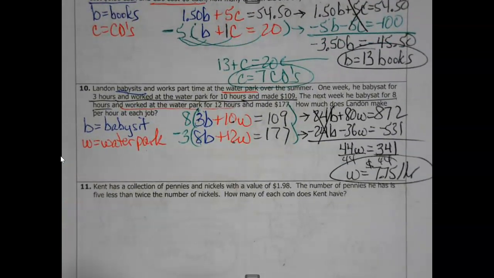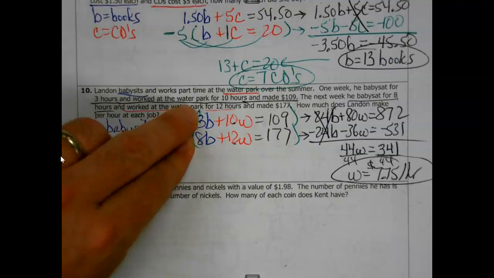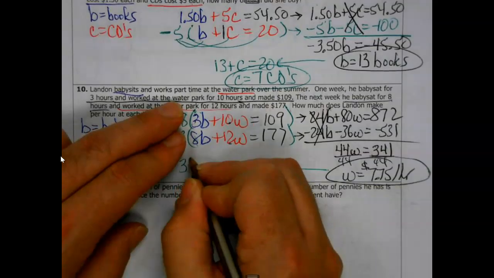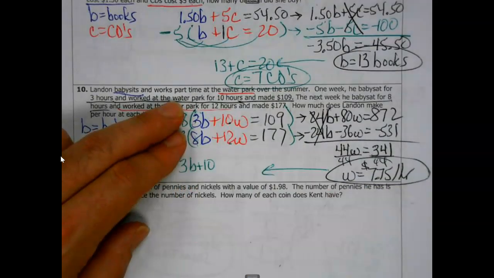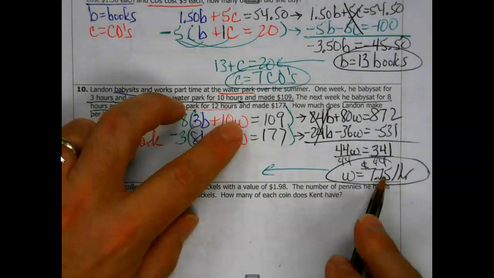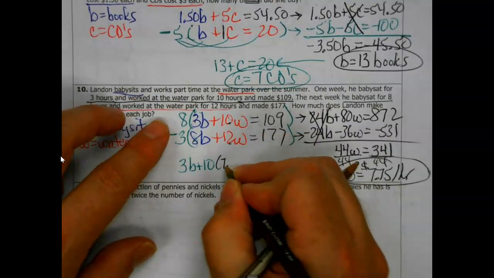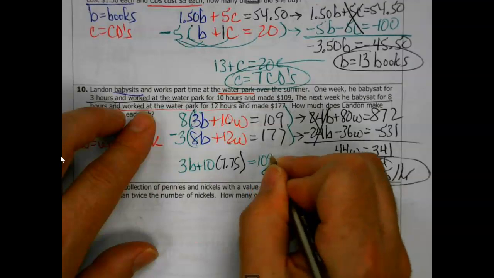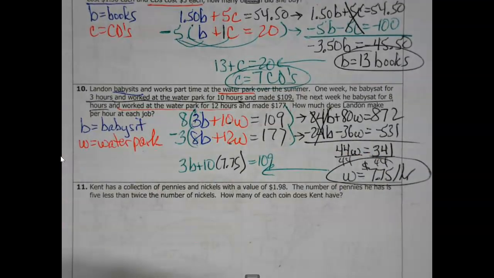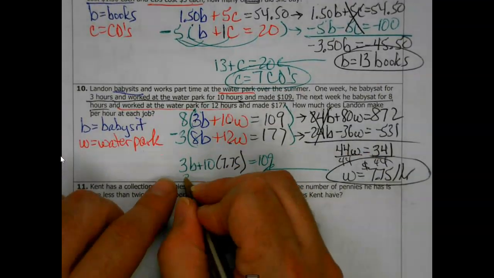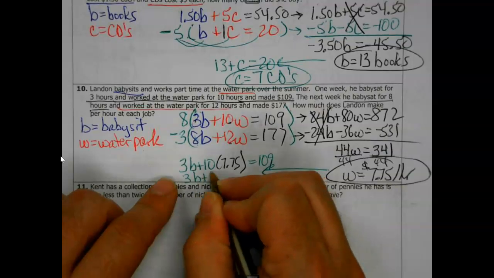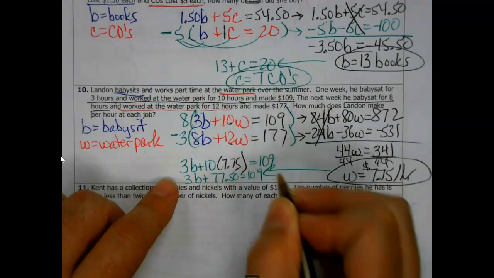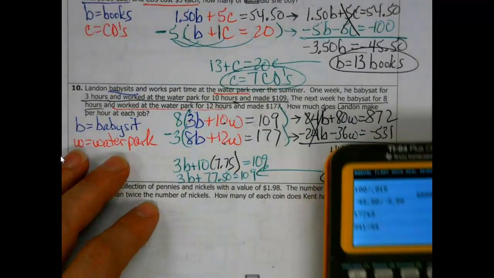And then again, to figure out the babysitting, just pick your favorite equation. 3B plus 10W equals 109. Why did I write so low? I don't know. All right, let's see here.